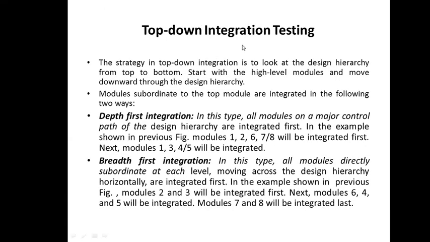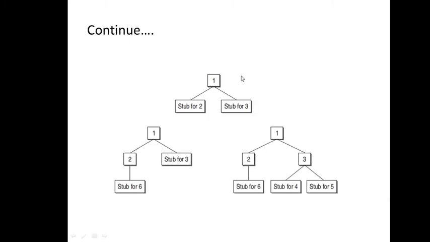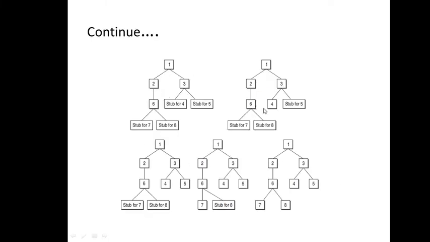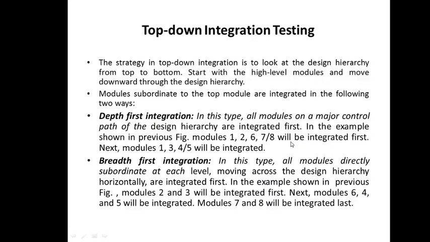Top-down integration means we start with the root module, and there are a number of steps. We keep on adding or integrating these modules until all the modules are integrated. So this is your top-down integration.